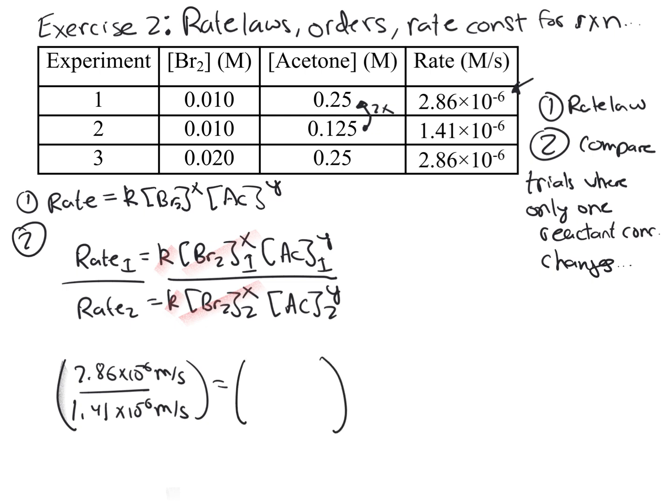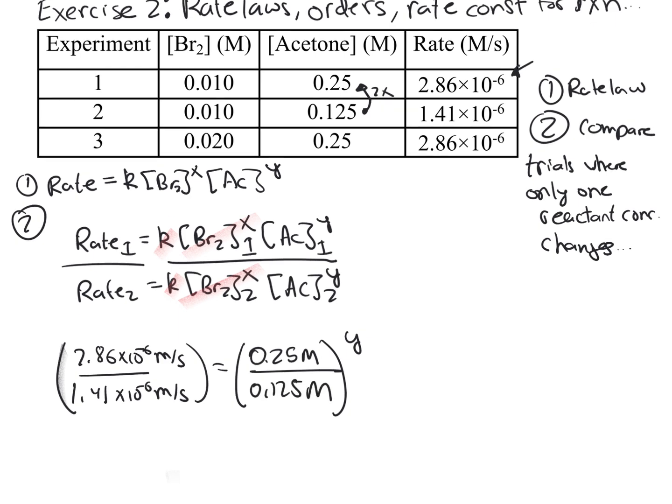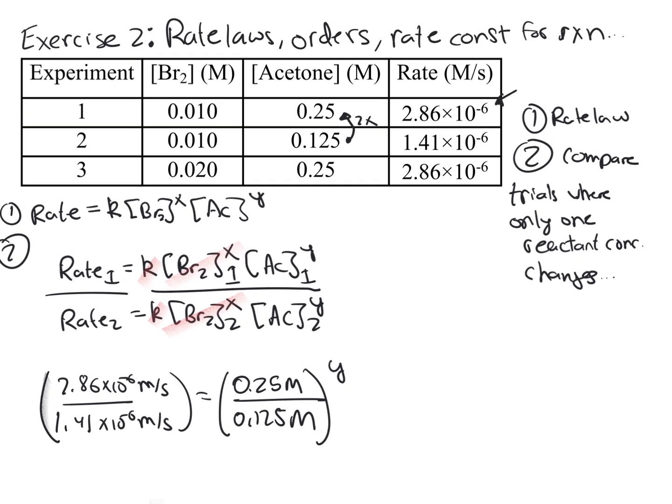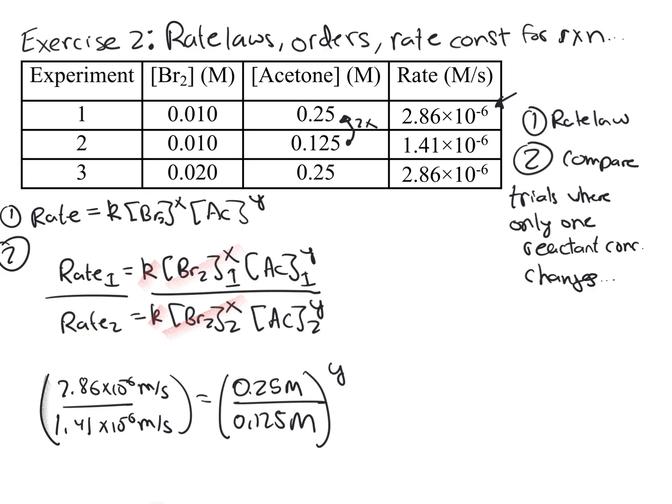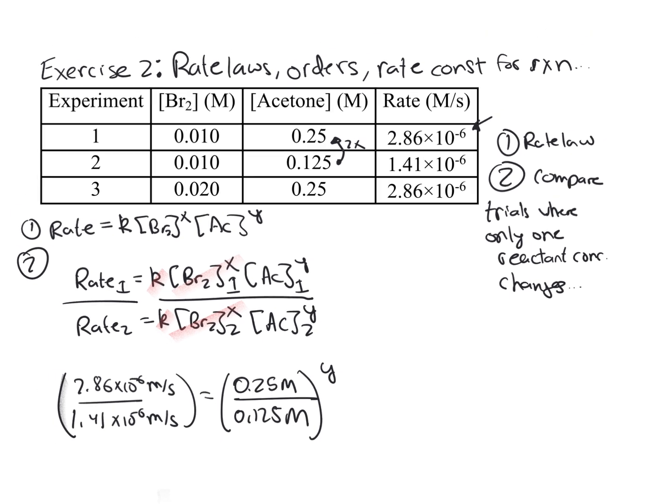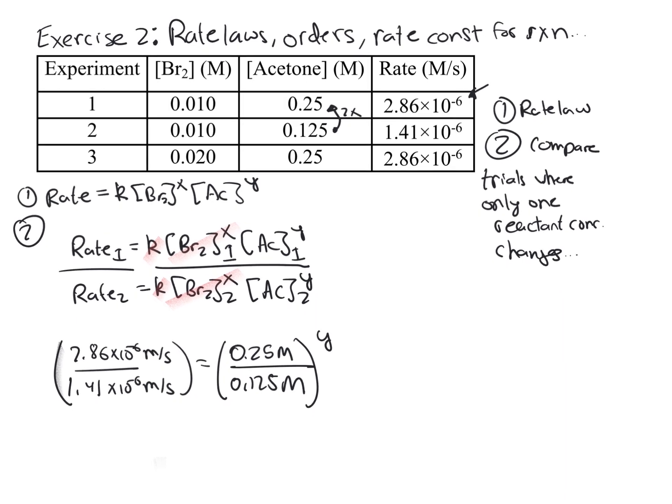So I'm going to do all that stuff in the middle to the y. I'm going to take the concentration of AC in trial 1, that's 0.25 molar over 0.125 molar to the y. Now again, what I'm going to expect here is when I simplify that, maybe I'll just make that a little bit smaller so we can get one more line of math here.